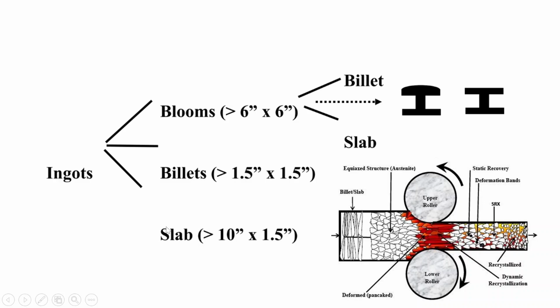Slab will be rectangular rather than having a square type of shape. Here these are converted into different shapes and the thickness is reduced in case of rolling. We'll talk about this change in structure after a few slides.